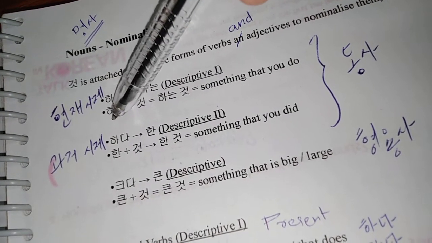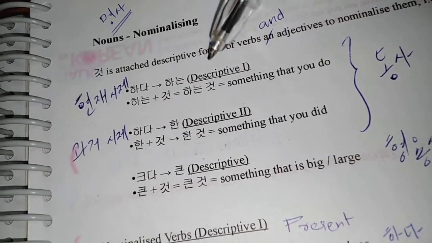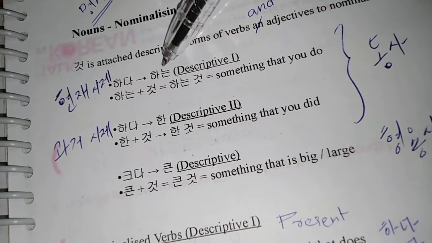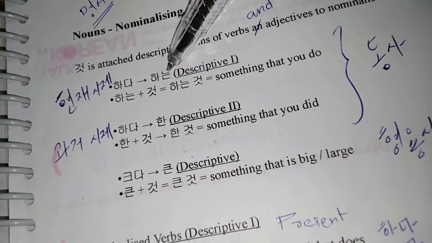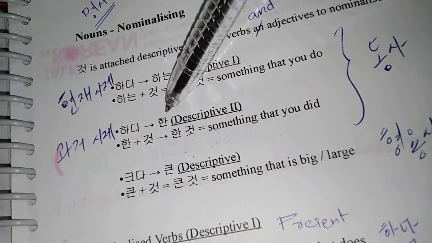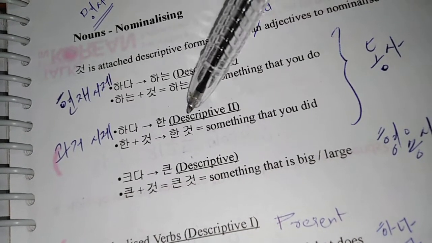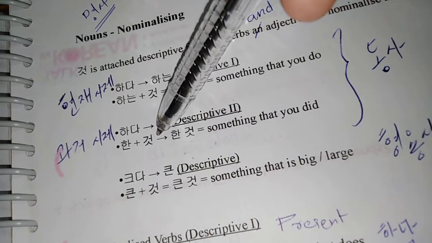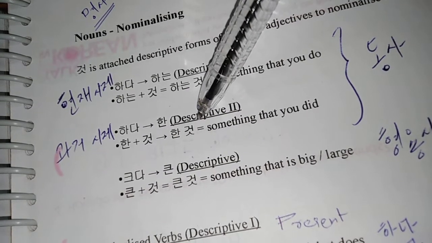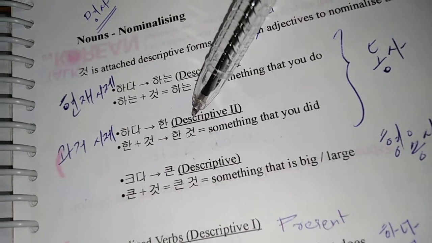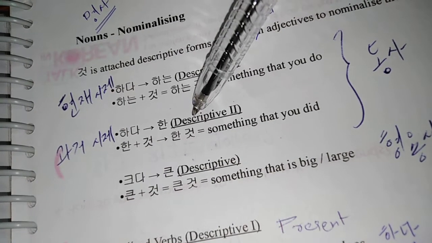In the same way, for 과거 시제, that is past tense, you would make it 한. You would kind of shorten 하는 and make it 한. You can think of it like that. And you would add 것 there and get 한 것. That means it's something that you did, something that's already over.